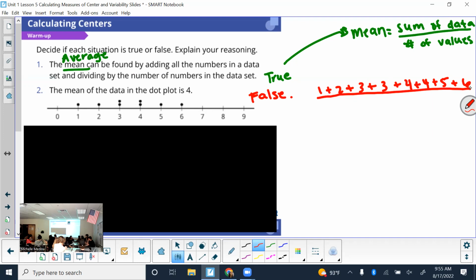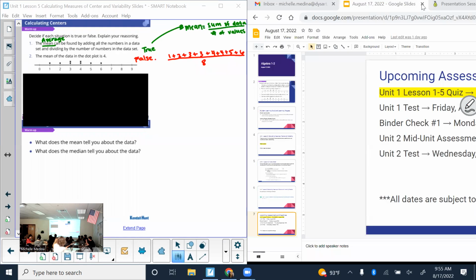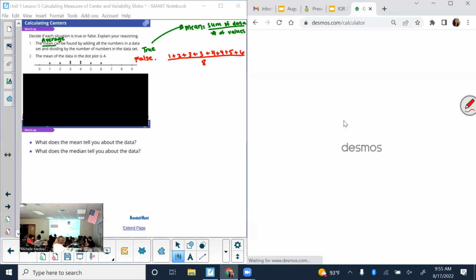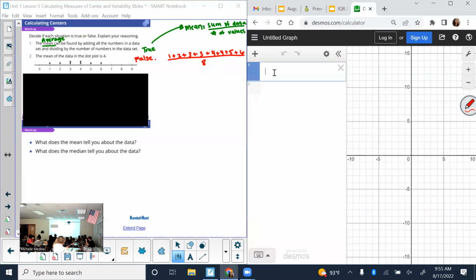All right, so add those numbers up and then divide by the number of values. How many values do I have? 8, good. So count your dots. And then just to show you, I prefer you practice on your own calculator because you can't use Desmos on your standardized tests. But you should all have a Chromebook then. And then you add it up, just like how I'm doing.